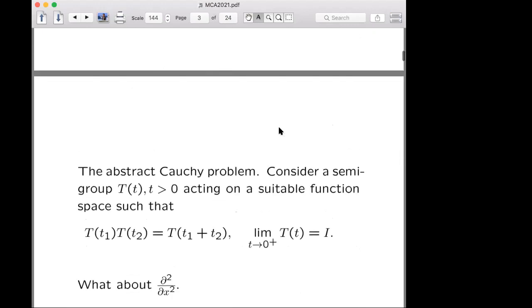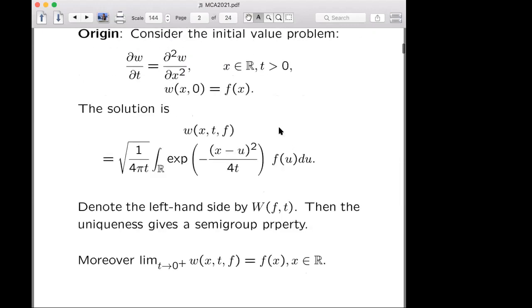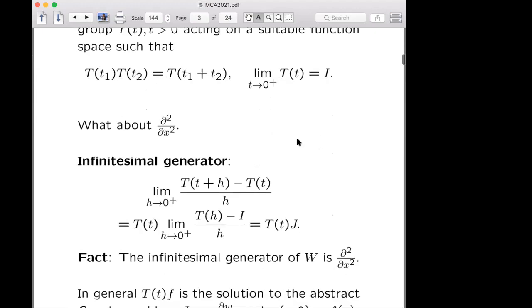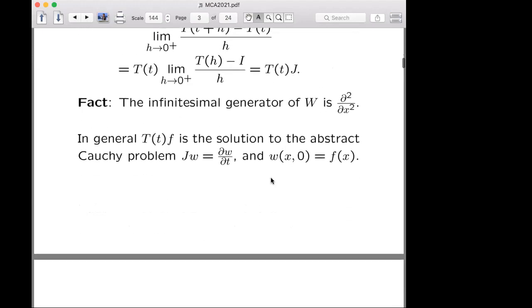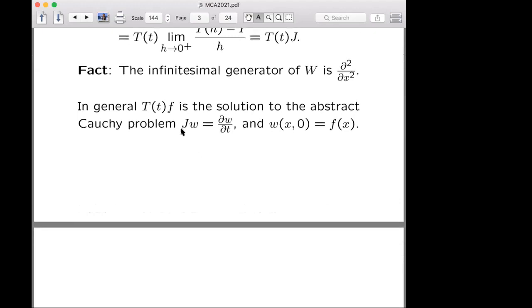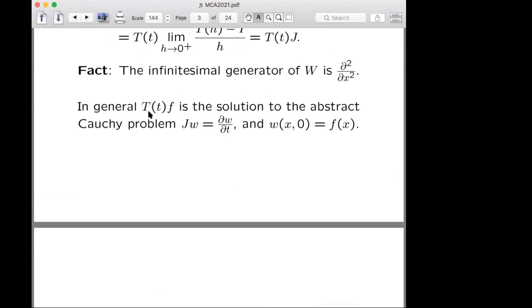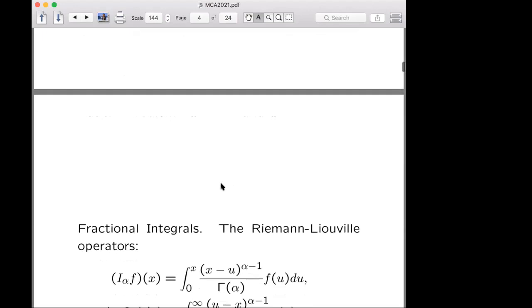So this equation says the infinitesimal generator is equal to the time derivative. In general, this is what the equation is, this is what the initial value is, and the solution is this positive linear semigroup acting on F.